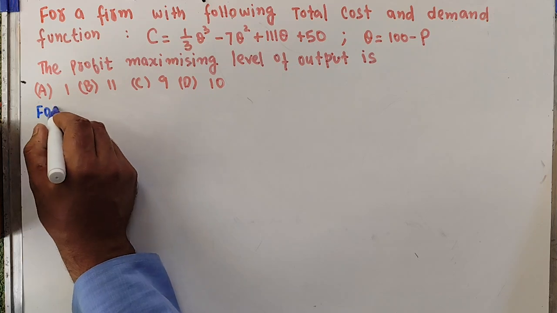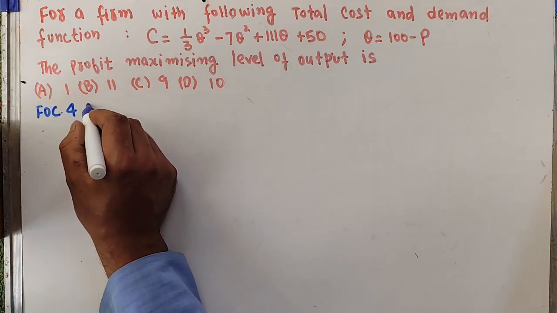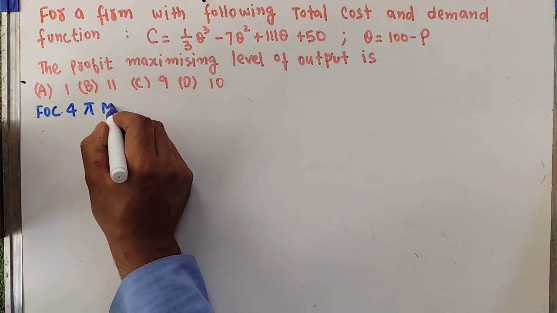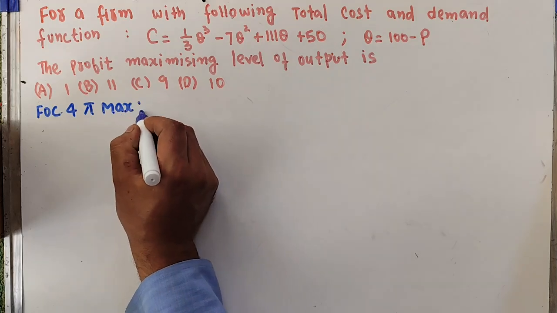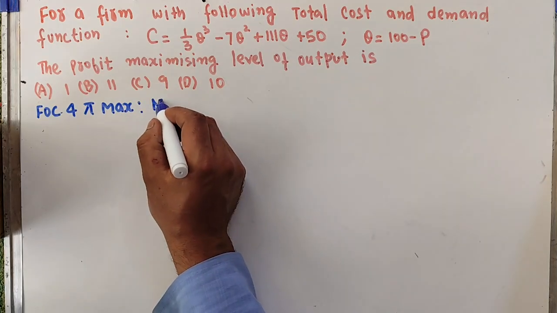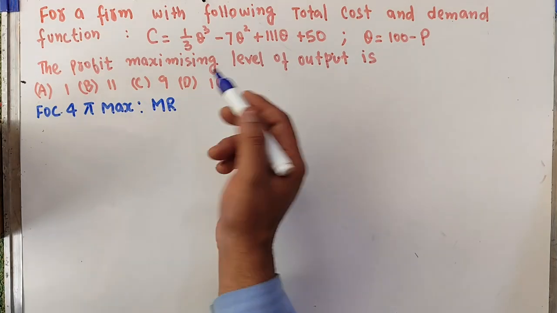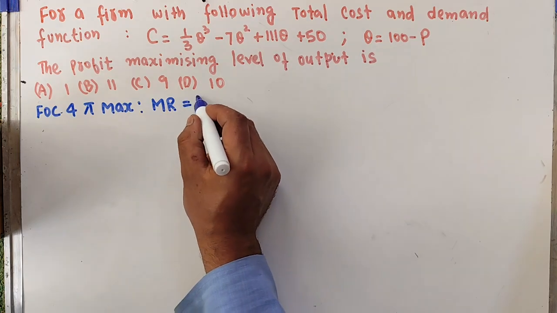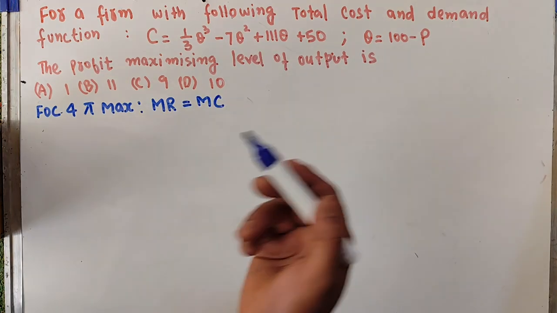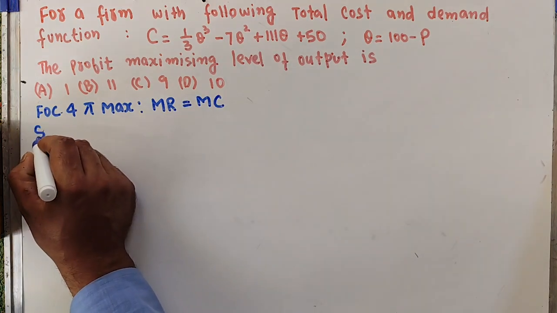First order condition for profit maximization requires that we equate the marginal revenue of the firm with its marginal cost, and we have to apply the second order condition also here. I will explain them.